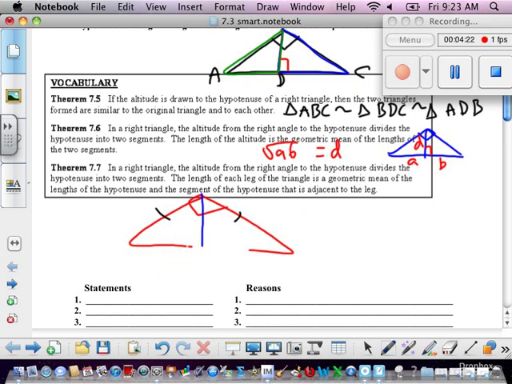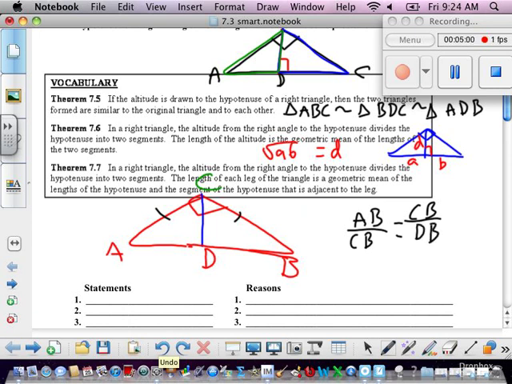We've got A, D, B, and C. Okay, they said A over B, the whole length of the hypotenuse, over C over B, so this leg right there, equals the leg, C over B, over D to B, that segment.